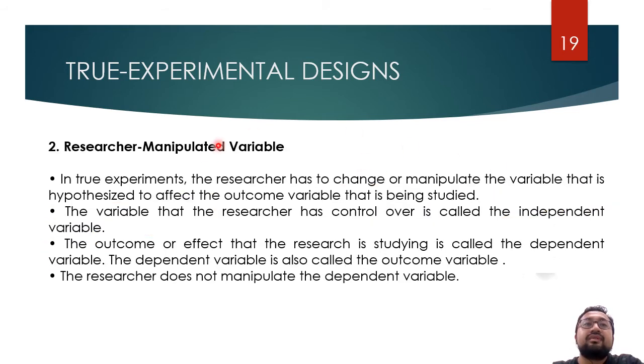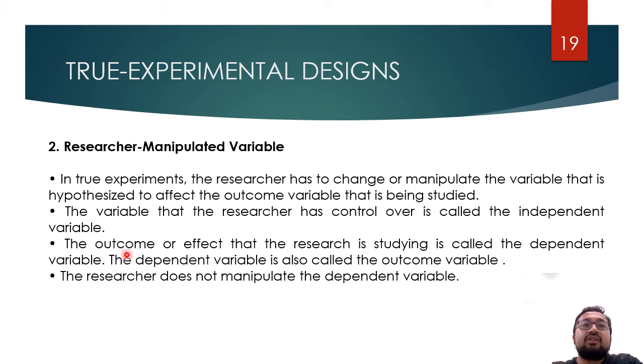Okay, alright. So the second characteristic in true experimental design adalah researcher manipulated variable. In true experiments, okay, the researcher has to change or manipulate the variable that is hypothesized to affect the outcome variable that is being studied. The variable that the researcher has control over is called the independent variable. Okay, independent variable macam contohnya tadi adalah subjek, okay, sama ada yang menerima exercise ataupun tidak, dan dependent variable adalah outcome dia, BMI lah, ataupun weight yang kita nak cari.